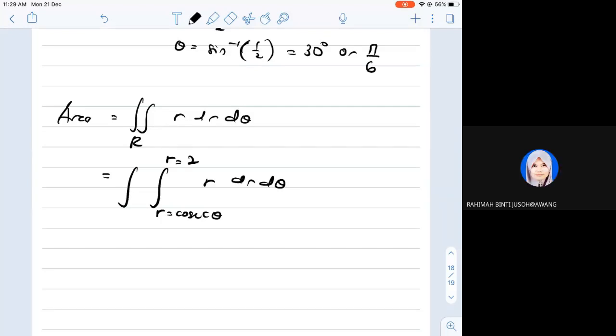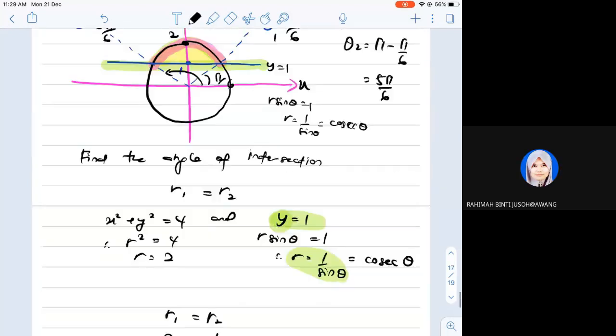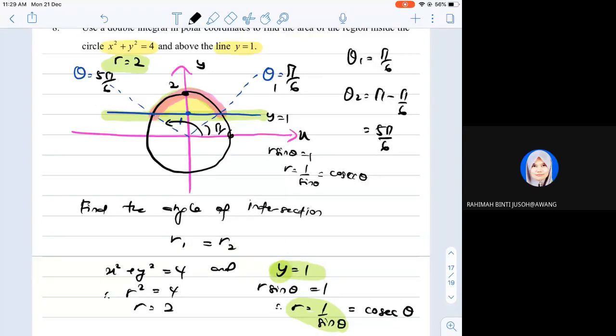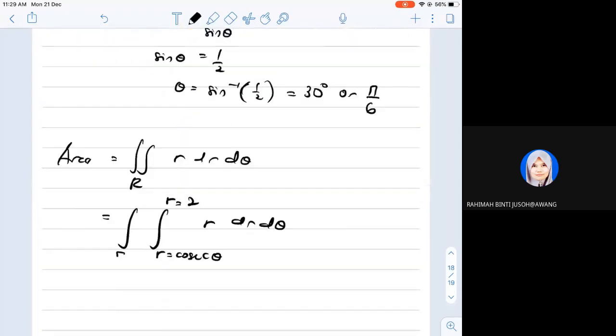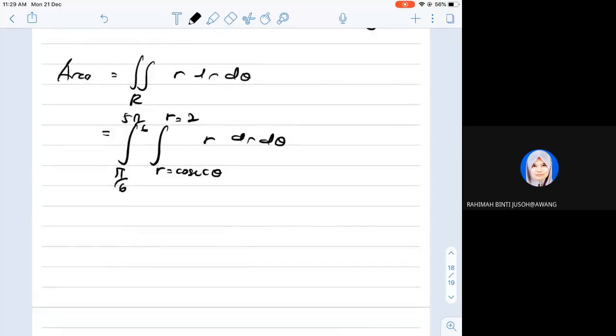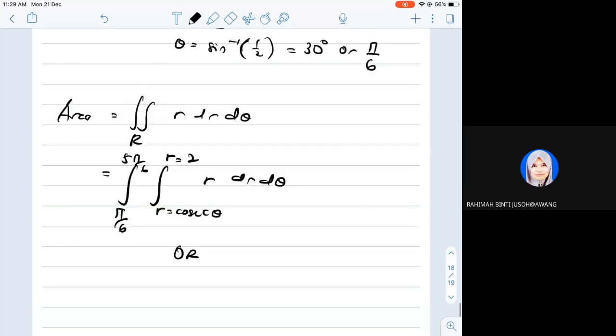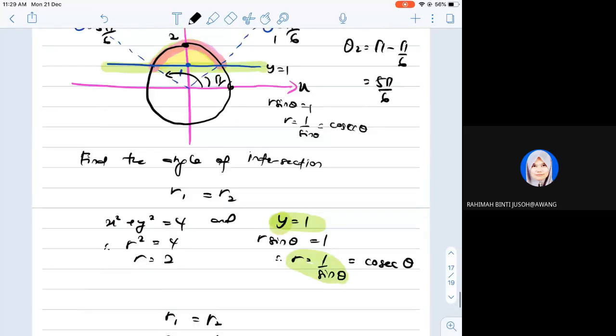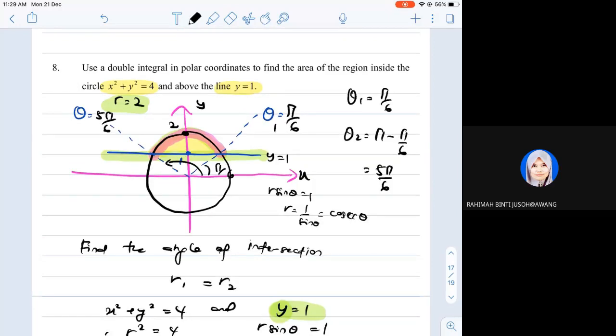Okay, good. So now, the angle is from pi over 6 until 5 pi over 6. Or if you don't like 5 pi over 6, what other way can you do? You can divide by 2, because it's a symmetric graph.